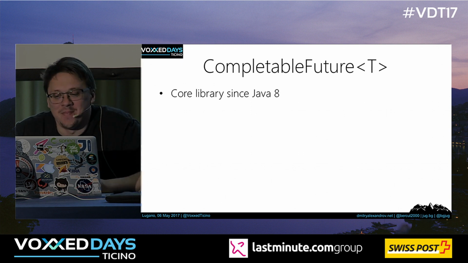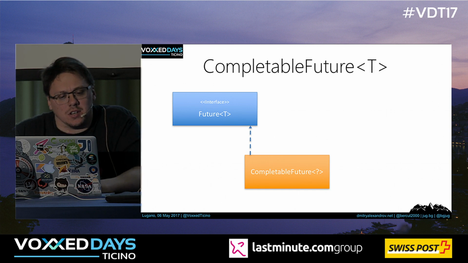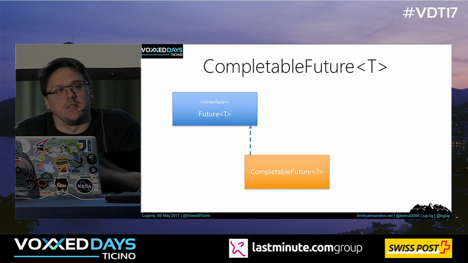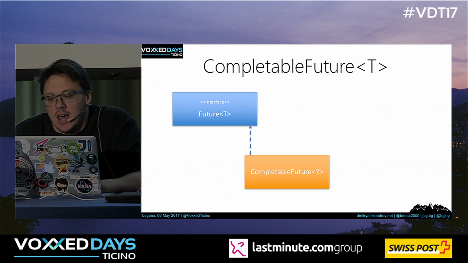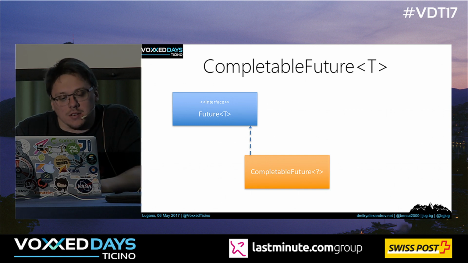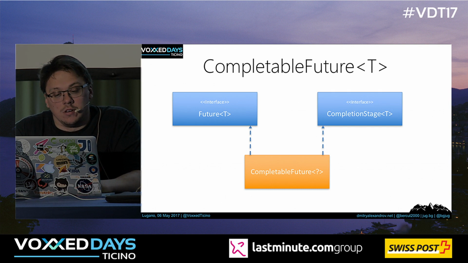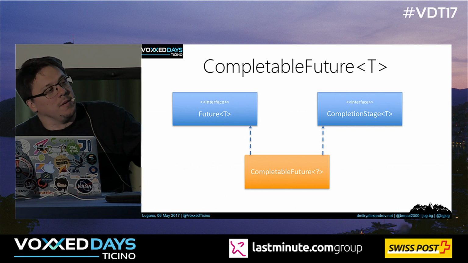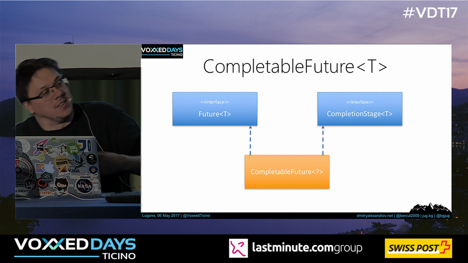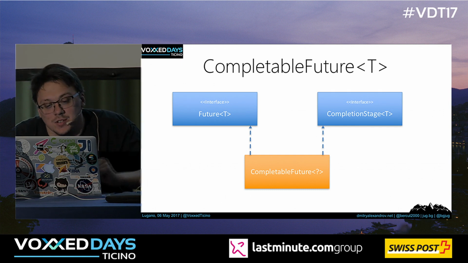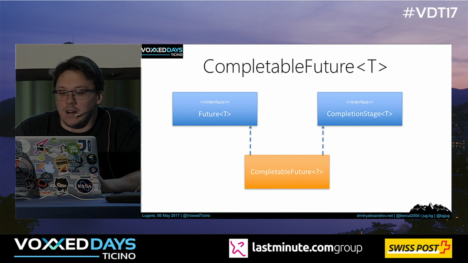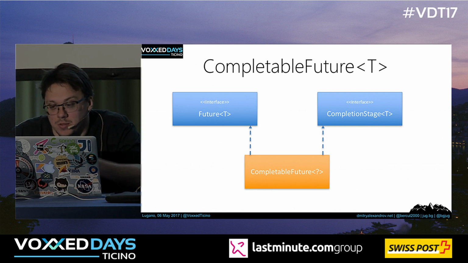Amazing. And how is it done? They've got this regular Future, as we have it from Java 5, and they have extended the interface with another interface called CompletionStage. I believe everybody knows that you can make multiple inheritance of interfaces in Java, not of classes. So they've just put another inheritance of interface, which is CompletionStage.